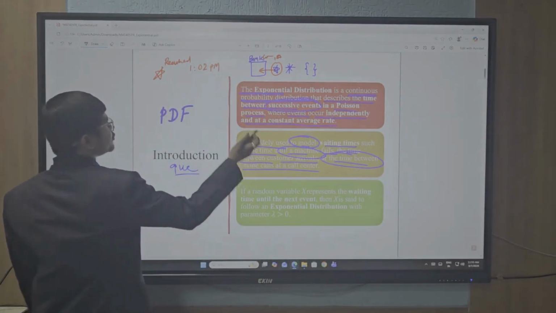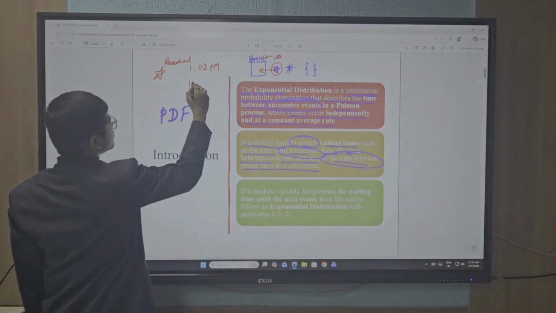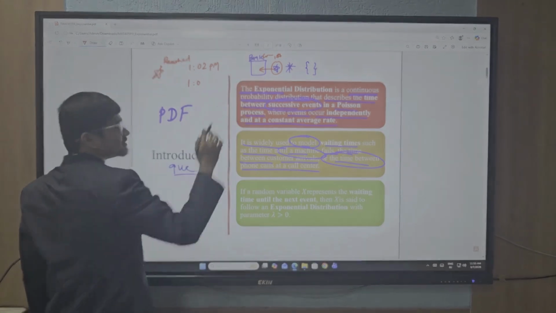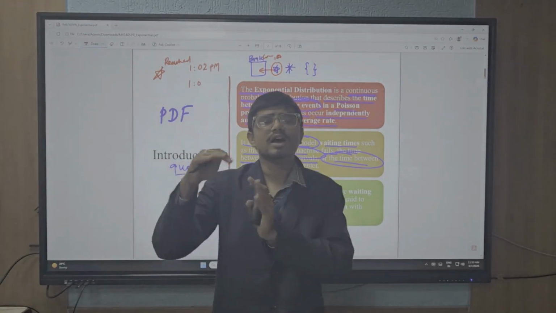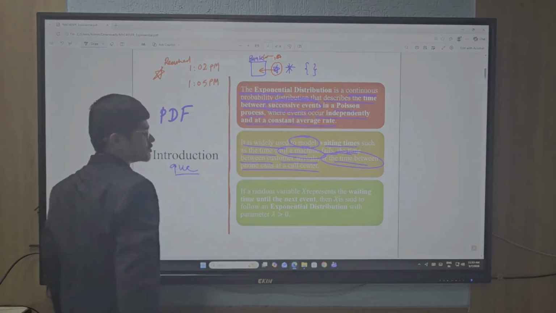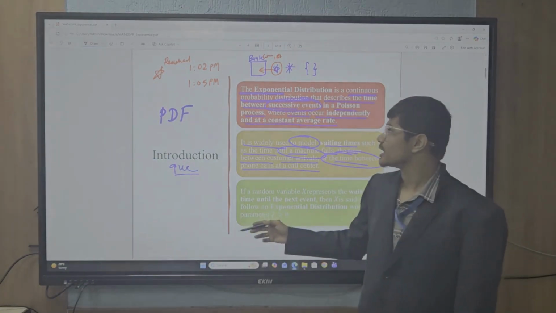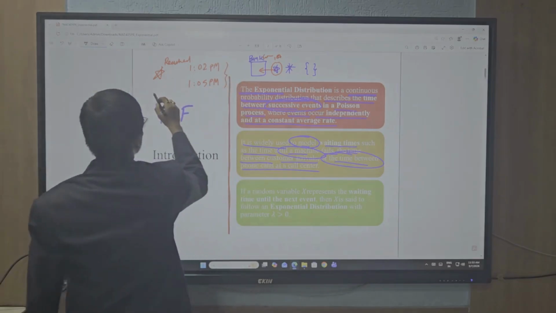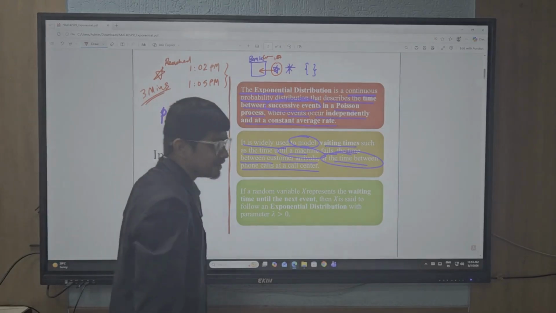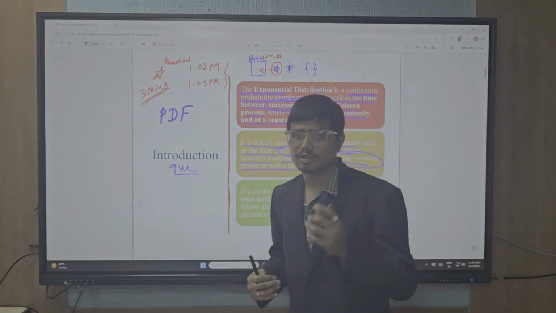After getting service, he or she will go outside, leaving the counter at around 1 hour 5 minutes. So here the service time is around 3 minutes. In this scenario, means waiting time, we use the exponential distribution.